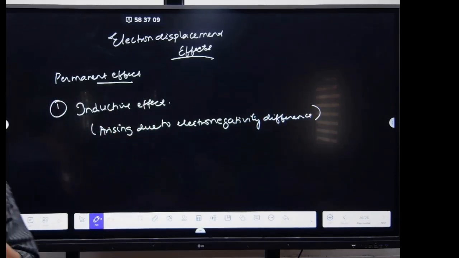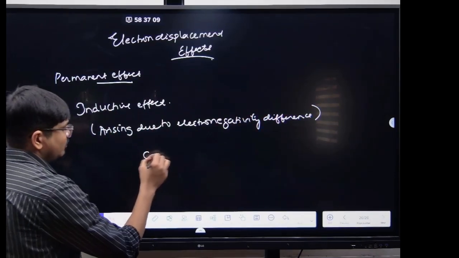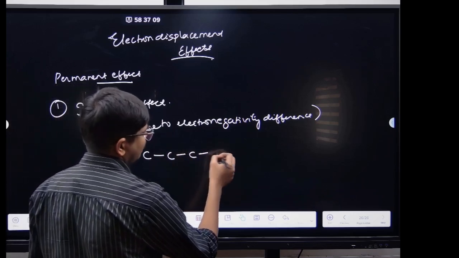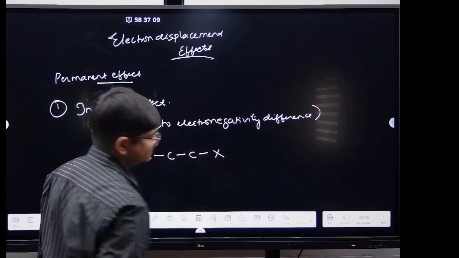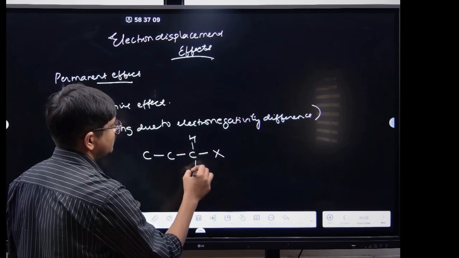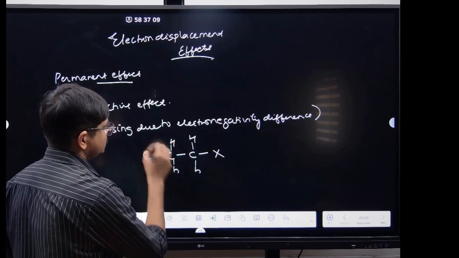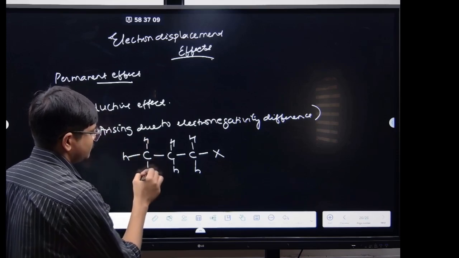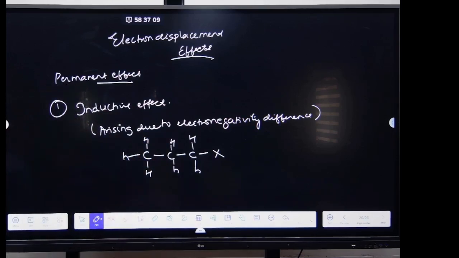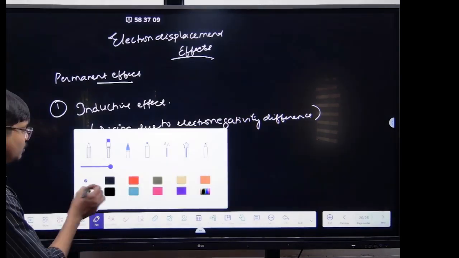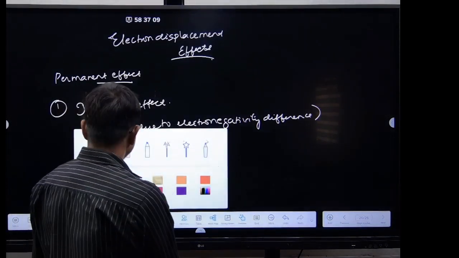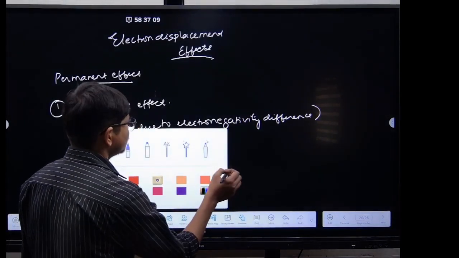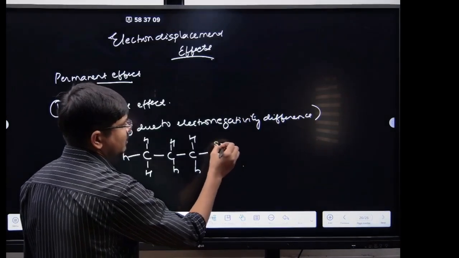So see here, for example, suppose you have the bond C and let's suppose X is there. ये तुम्हारा कुछ है हाइड्रोजन हाइड्रोजन हाइड्रोजन. Clear? Now you know that X is more polar, right? Since X is more polar, it will attract the electron density towards it.